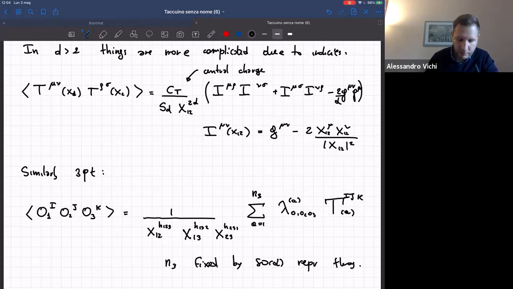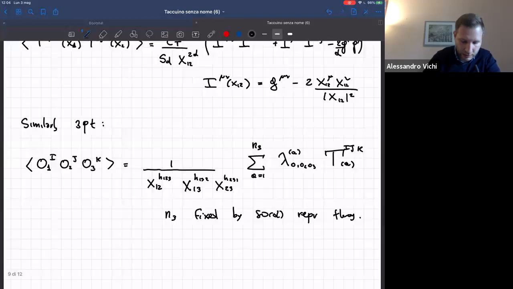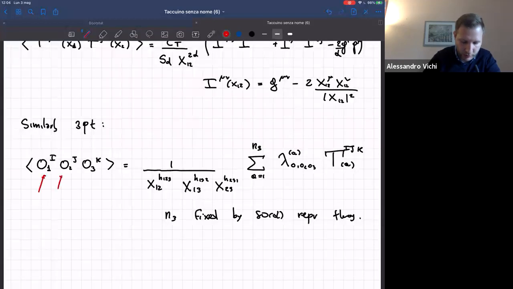For our case, we'll always consider the case in which O1 and O2 are scalars. And in this case, the only operator that can have a non-vanishing three-point function with two scalars is the famous spin-L representation. So we will focus on this case. And in this case, N3 is just 1. So we will go back to the simple case that we saw for scalars. There's just one tensor structure you can write.